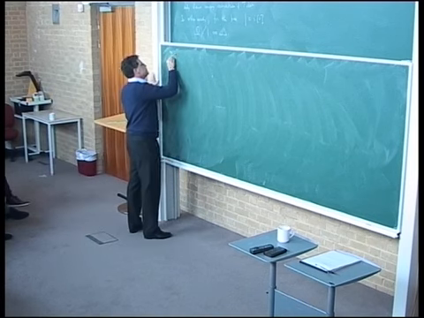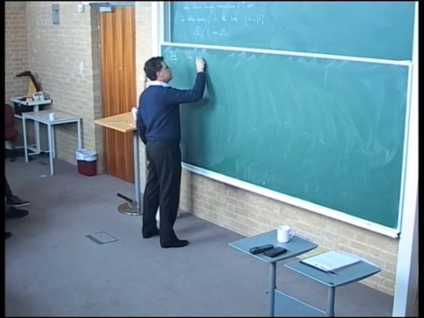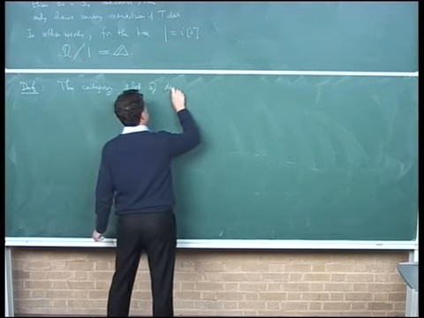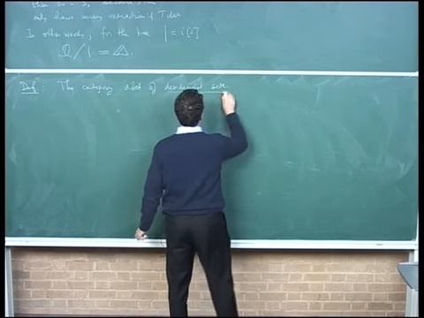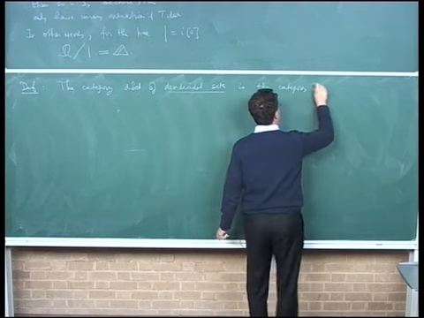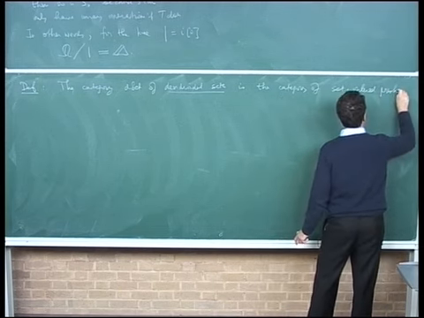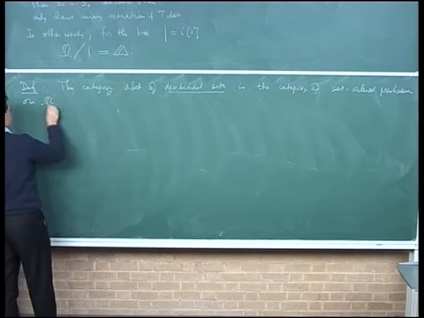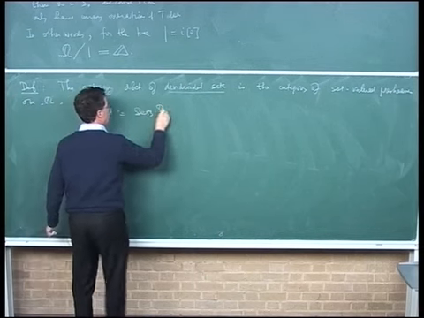So definition, the category D set of dendroidal sets is the category of set-valued presheaves on omega. So in symbols, D set is sets with omega op.